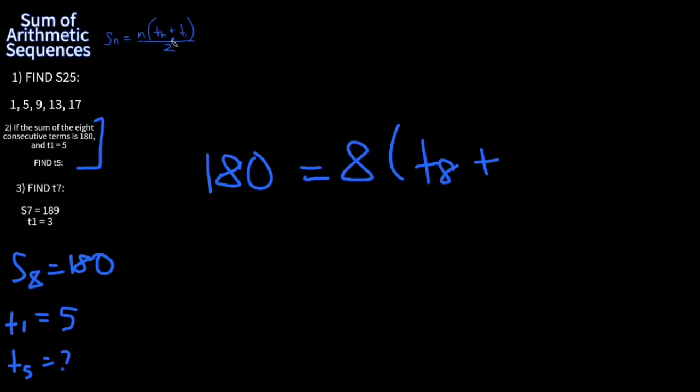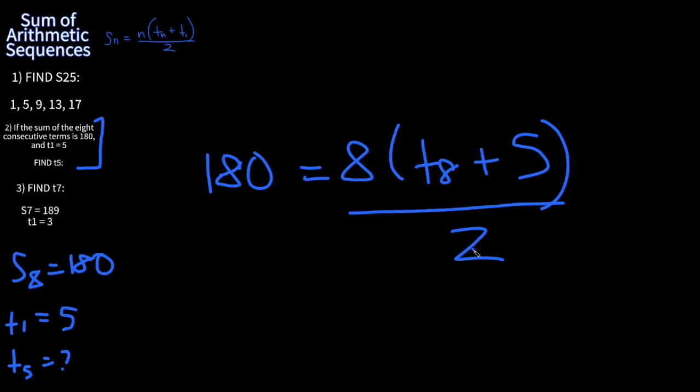But they have given us everything else, so that we only have one missing variable, in which we are able to solve this. So, plus 5, as T1 is 5, divided by 2, and using BIMDAS we do the brackets, then the times, then the divide.